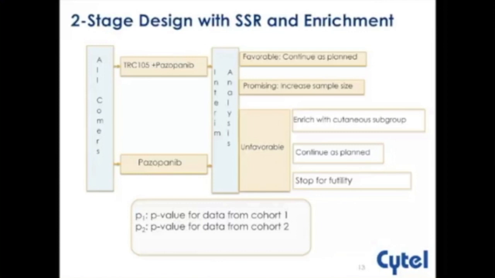Now, if the treatment shows significant improvement over the standard of care in the full population, so if we are up here, both in the subgroup and in the complement of the subgroup, no changes should be made to the trial. The second cohort will recruit the pre-specified number of subjects from both the subgroup and the complement.